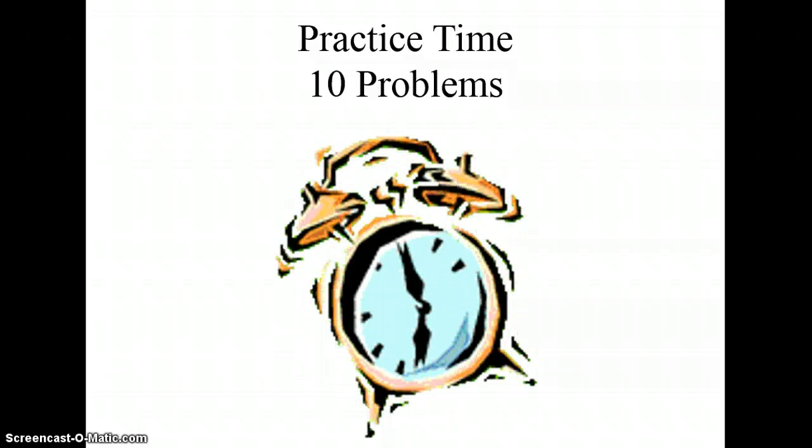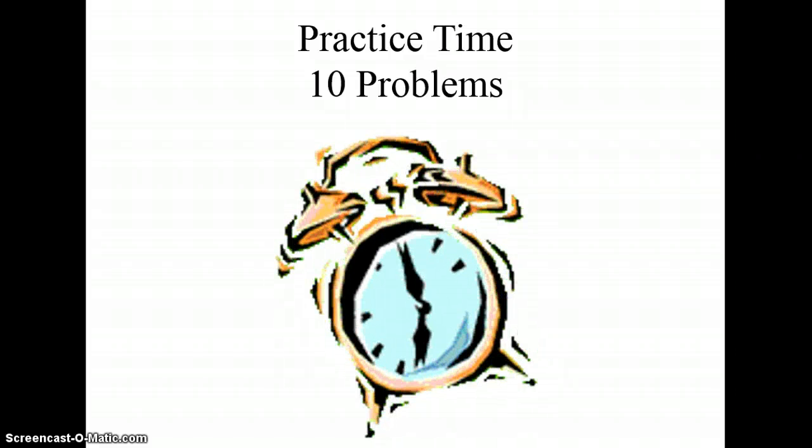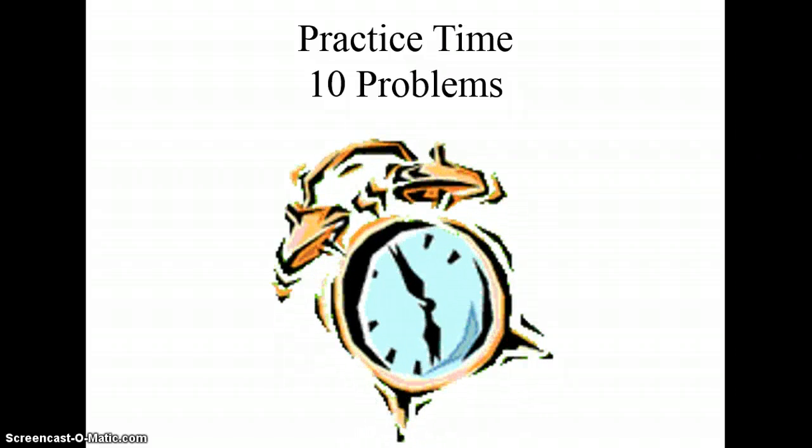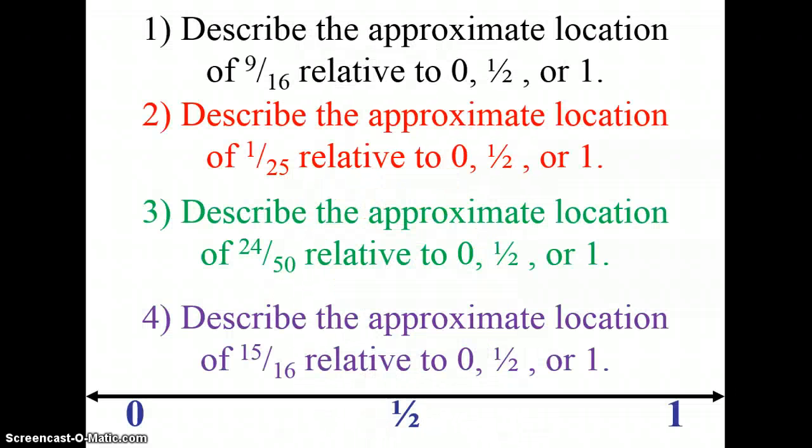So let's do some practice with this. There are going to be 10 problems altogether. The first slide is going to have 4 problems, and then you'll have to pause the video to complete the 4 problems, then hit play to get the next 6 problems. Here are your first 4 problems.